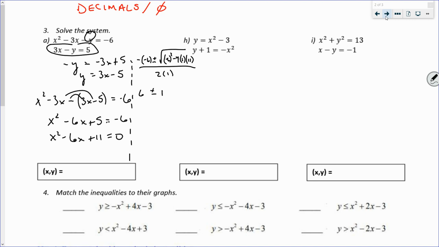So then our discriminant comes, let's see, 36. So negative 6 squared minus 4 is negative 8. By knowing that the discriminant right here is negative 8, I know that puts me in an imaginary land, and we don't mess with imaginary intersections and systems. So right there, I'm finished.